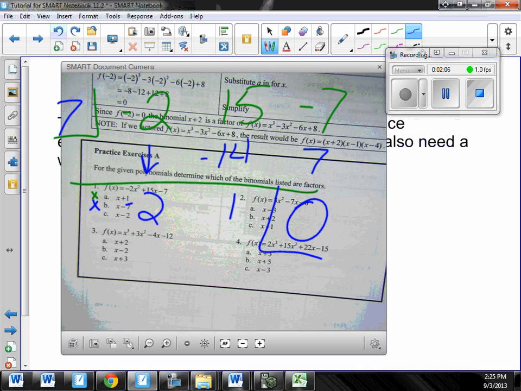What is it about my result that tells me that the next factor is not actually a factor? What do these tell me? If I divide by x minus 7, this is what's left. Turn this into an equation for me.